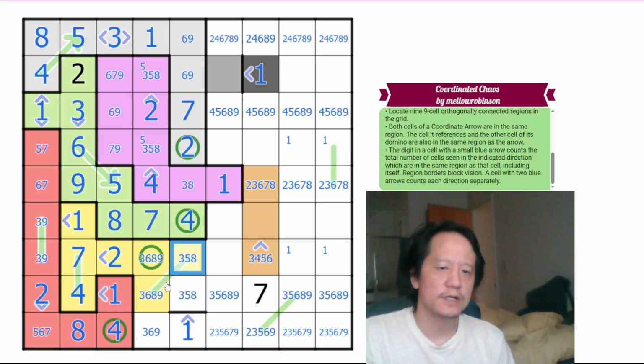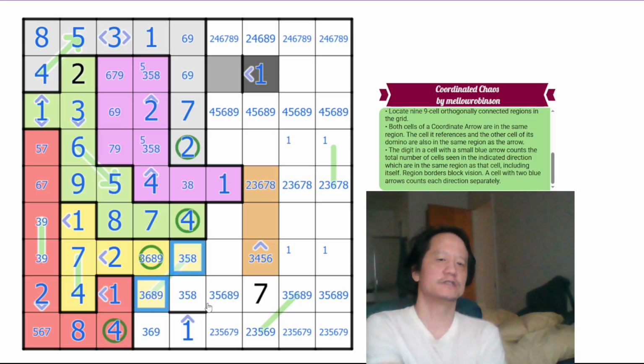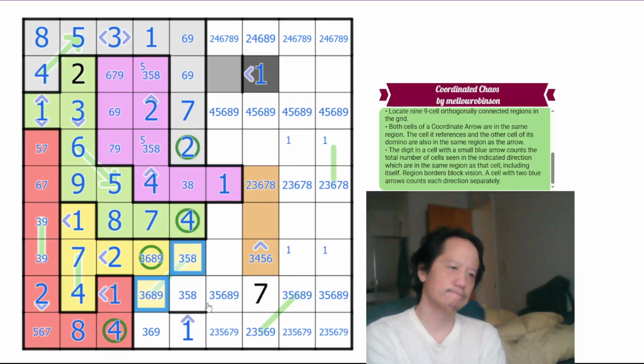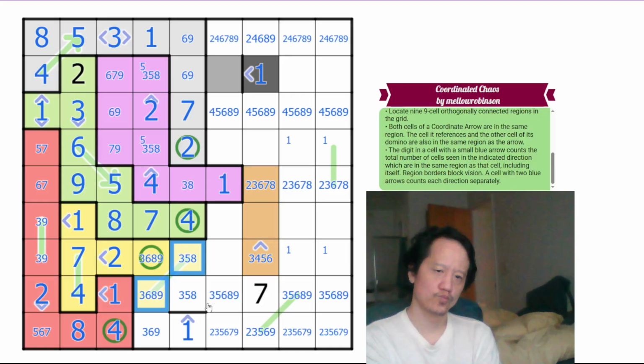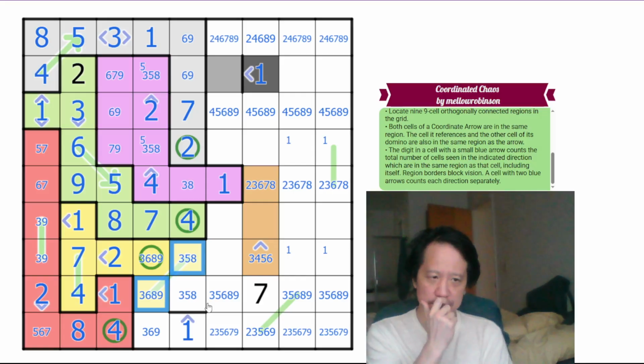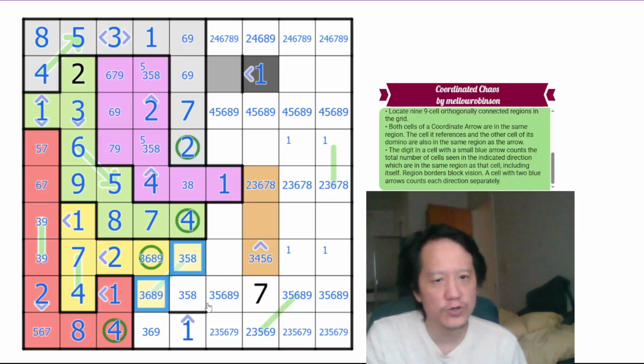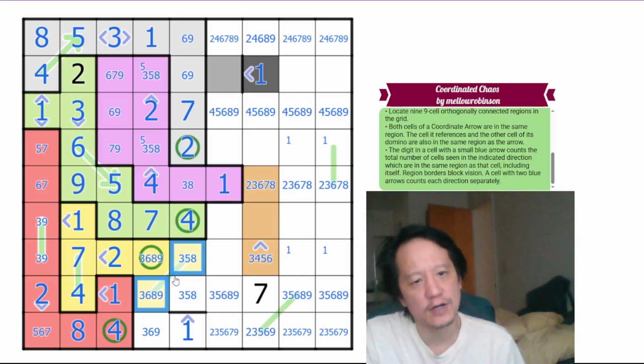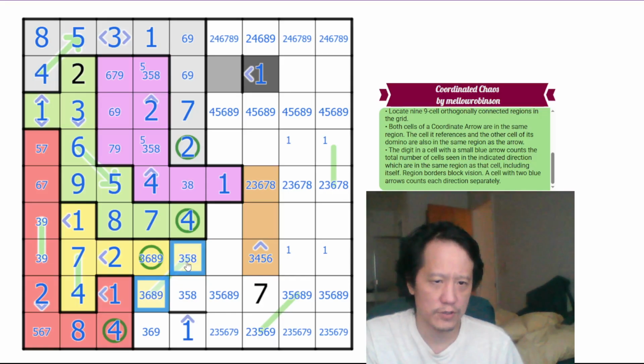So in this row is only 3, 5, 6, 8, 9. I think you have to have either 3, 5, or 6 in that set. Can you ever have 6 and 5? You potentially could. So 6 and 5 does work.